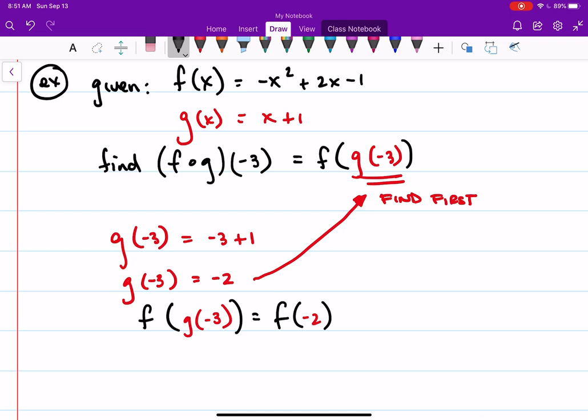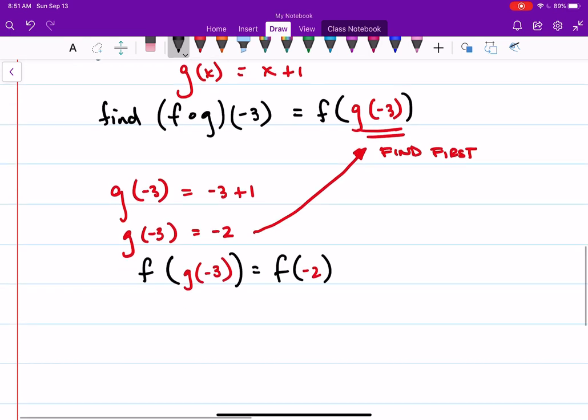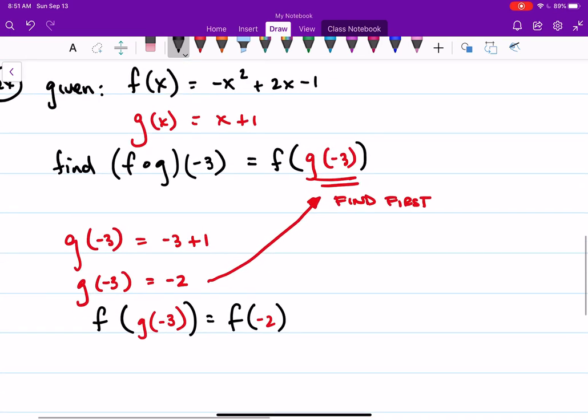Since I'm looking for the f of g of negative 3, that's the same thing as saying f of negative 2. So now I'm going to do f of negative 2.